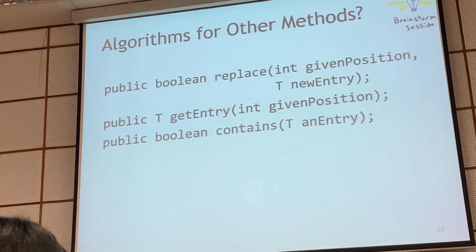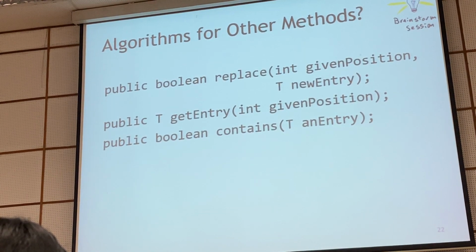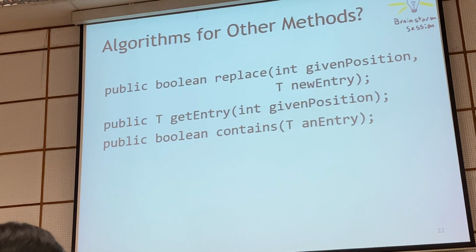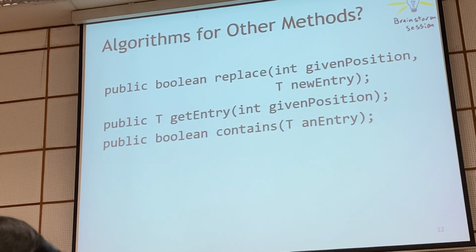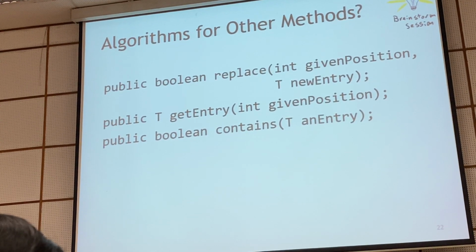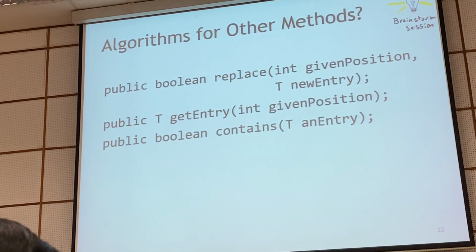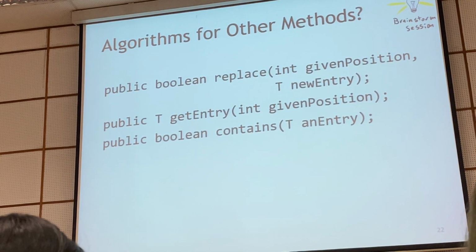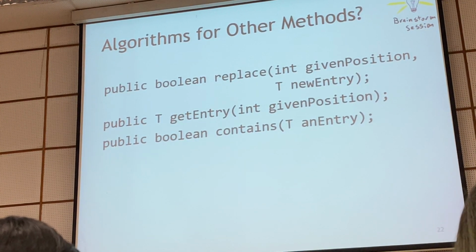Now other methods, for example, are replace, getEntry and contains. How do you think we're going to replace? What are some of the assumptions that you're going to make? You want to replace something. Can you replace in an empty list? Cannot, right.